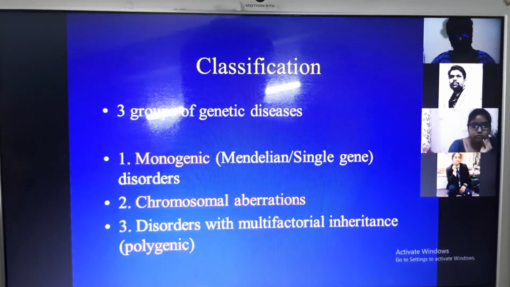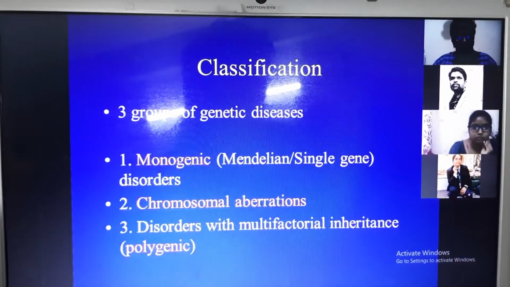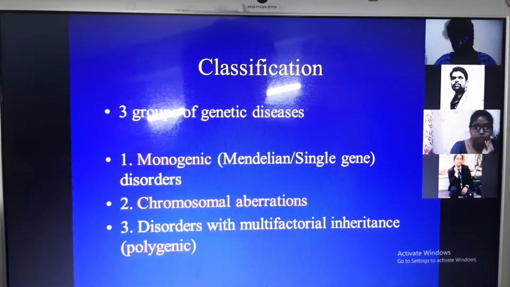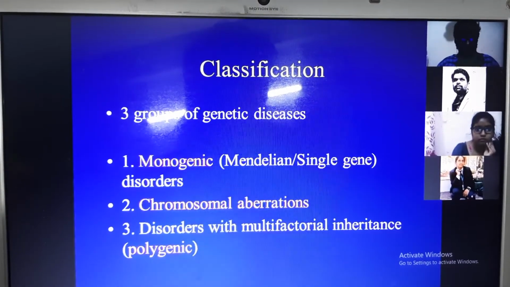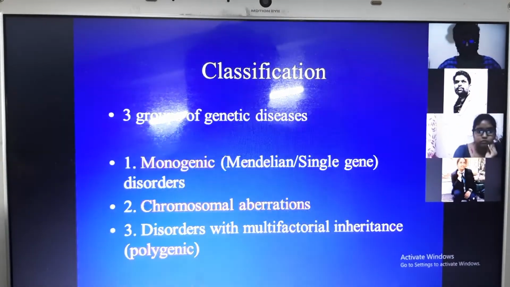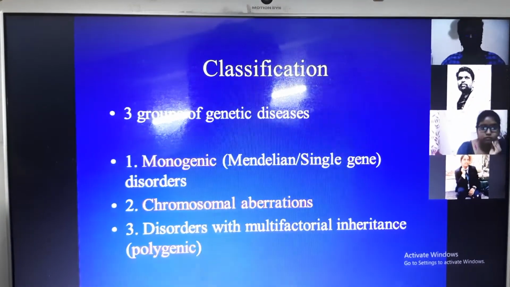So these are some of the examples that you can use to understand how it happens and what are the complications involving those particular disorders. So hope you understood the classification of the genetic disorders.